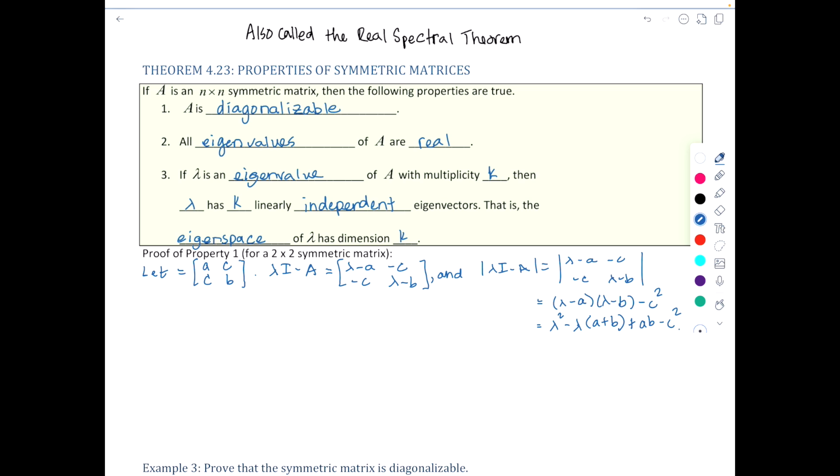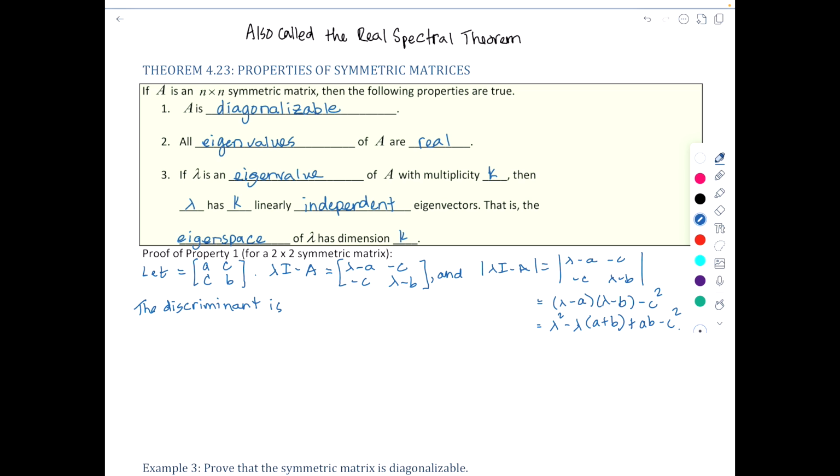And the discriminant of this characteristic polynomial is going to be, normally you have ax squared plus bx plus c.